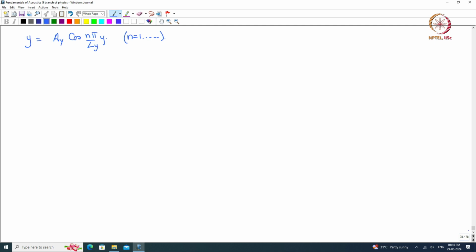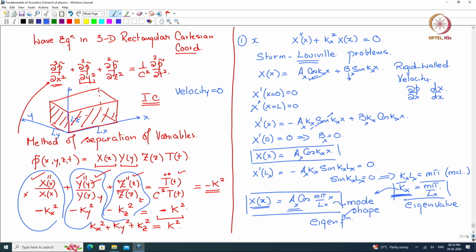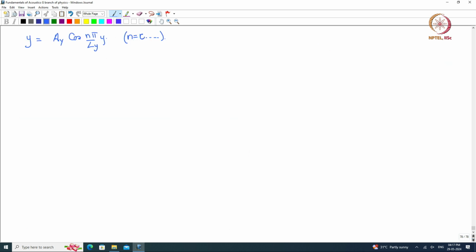Okay, actually n can go from 0. Yeah, and m can go from 0. m can go from 0. Okay, that will give the constant pressure. So n can go from 0. Okay, then z.